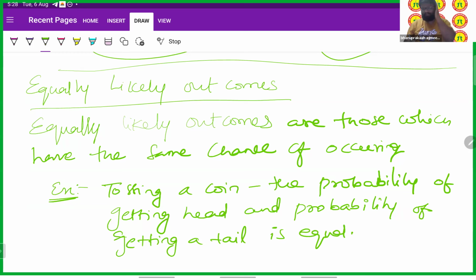So please write down the definition, then I'll explain.